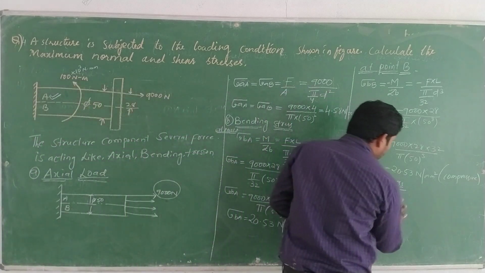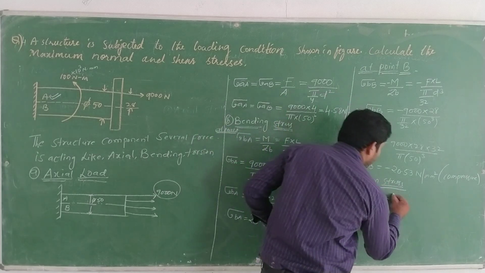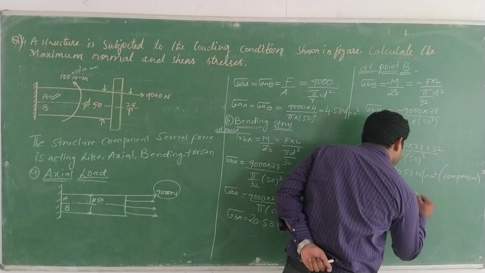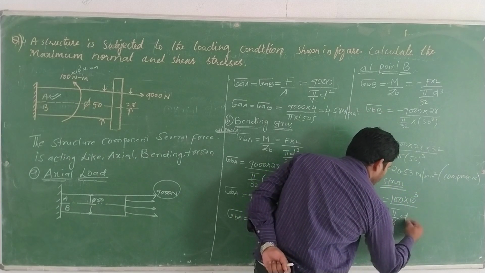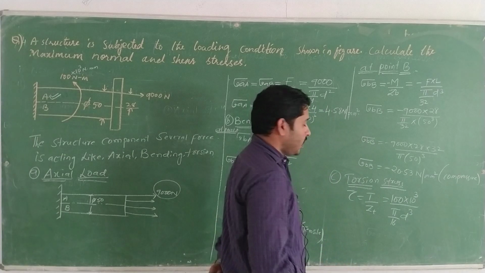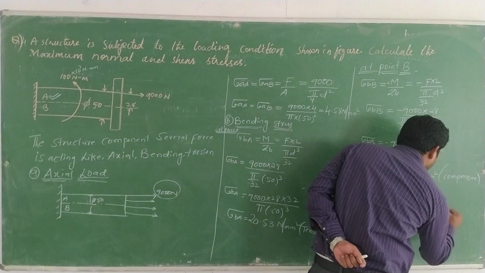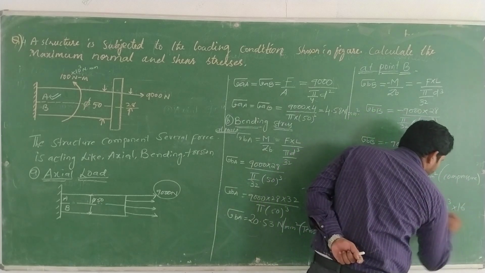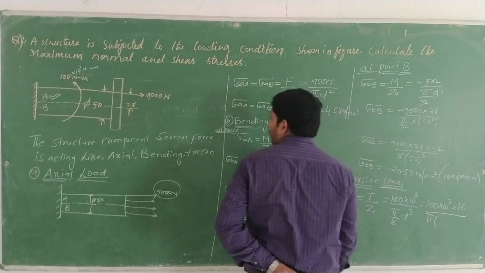So let us see over here. The T value is 100 into 10 power of 3, over pi by 16 into d cube. Let us see again, 100 into 10 power of 3 into, if it is moved above, 16 by pi, how much is the diameter given here?